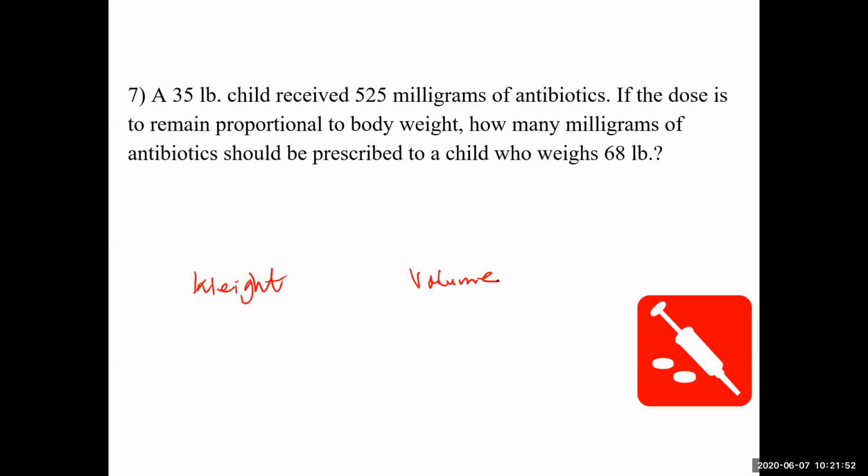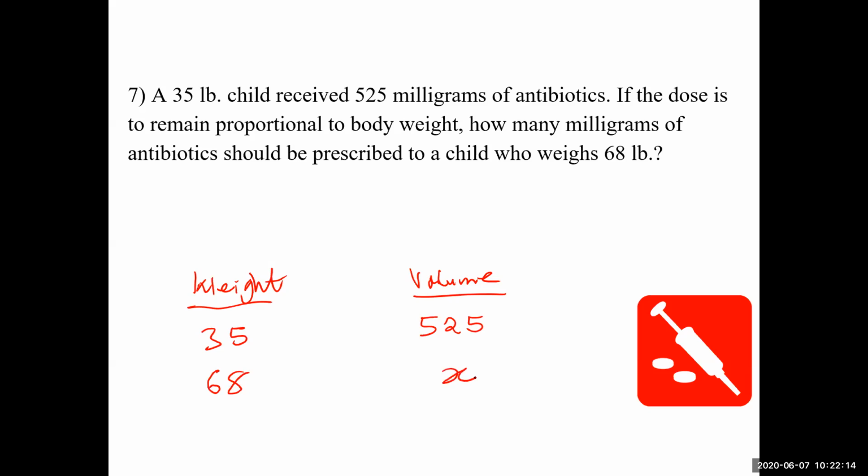Is that okay? So I'll do that. And then I have 35 and that child should be given 525. Now we want, if the child weighs 68 pounds, what volume of antibiotics should be dispensed?